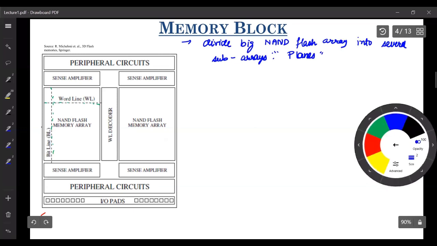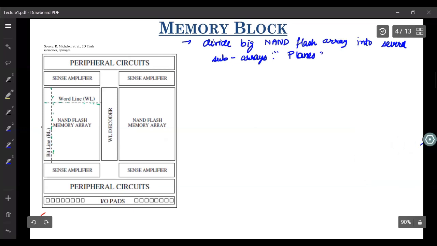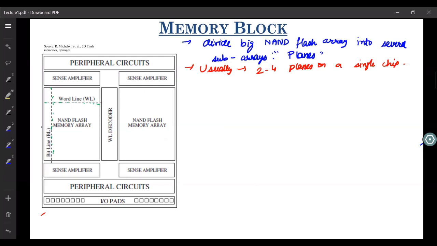Usually, if you look at any modern NAND flash IC, be it a 2D NAND flash IC or a 3D NAND flash IC, you will see that usually they will have 2 to 4 different planes on a single chip. And the way they organize the decoders and the peripheral circuit is really amazing. If there are 2 planes, like here you have 2 planes, this is, let's say, plane 1. This is plane 0. They always start naming with 0 and then you keep the name 1.